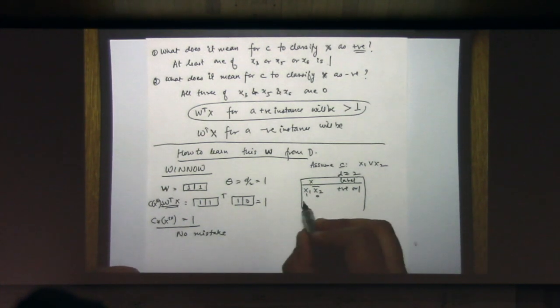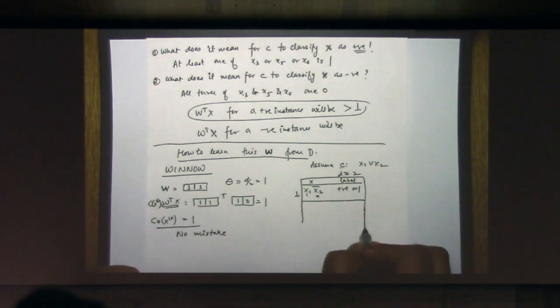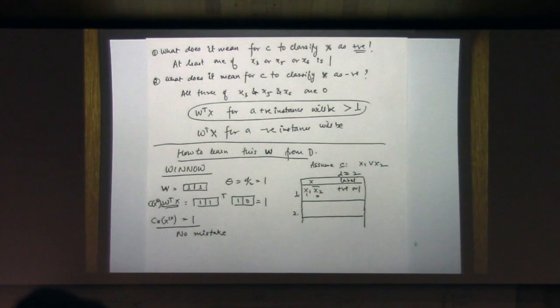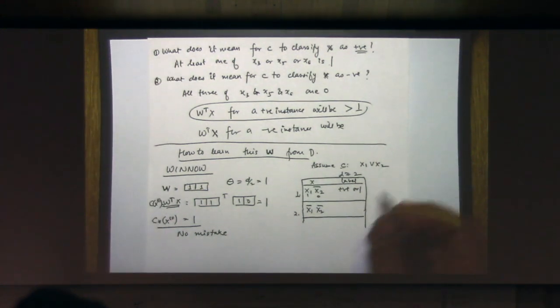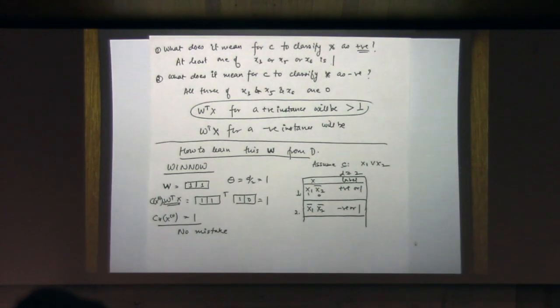So let's say the second training instance is x1 bar, x2 bar, right? And of course, this one will be negative because it doesn't agree with the concept.